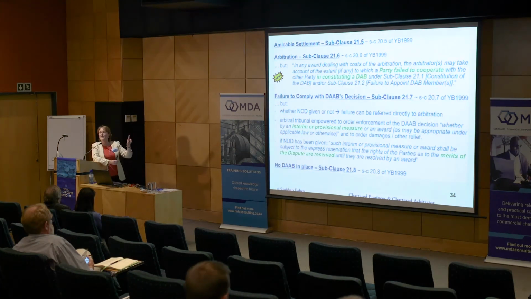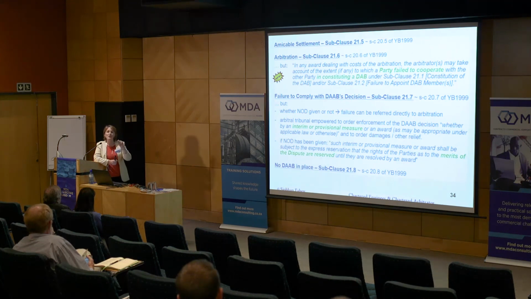So we're hoping that will focus people's minds on making sure that they go down the DAB route, because as Ewan pointed out, one of the last subclauses of the new updates is 21.7. It says, if there is no DAB in place, the dispute can be referred directly to arbitration. Can you remember that? And that's to make sure that the party has a place to go.